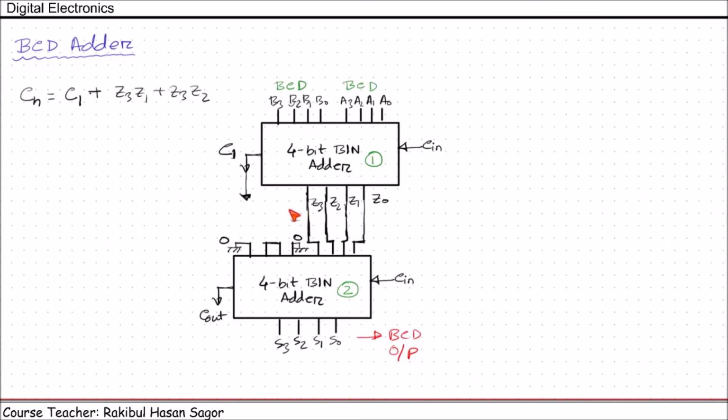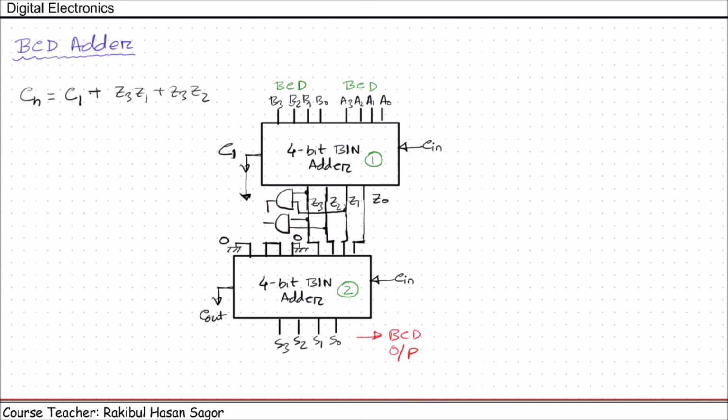Finally, if we implement the checker circuit here, we have C1, and Z3 into Z1, so Z3 and Z1 will be ANDed. Z3 Z2, we have Z3 and Z2, they will be ANDed.